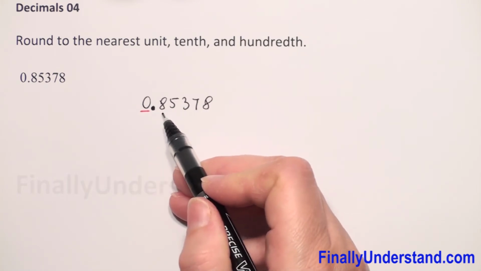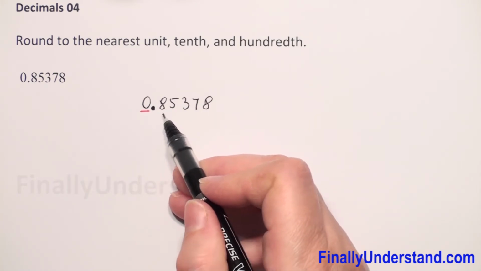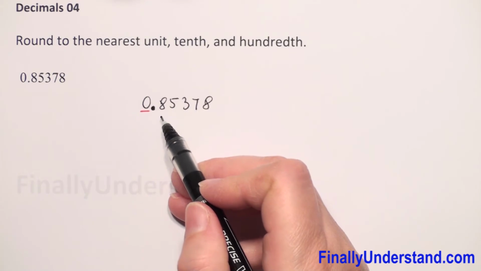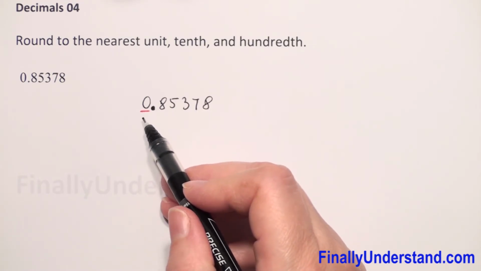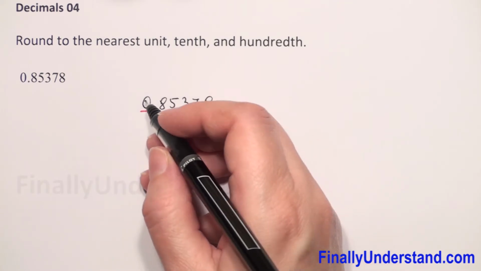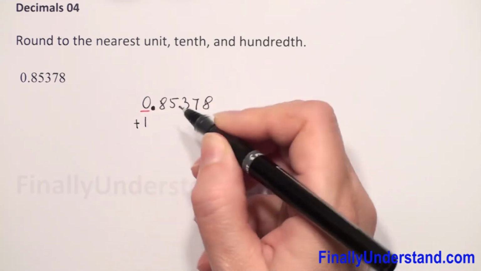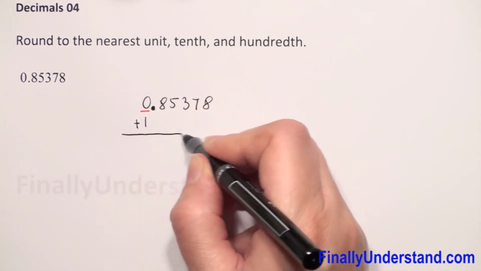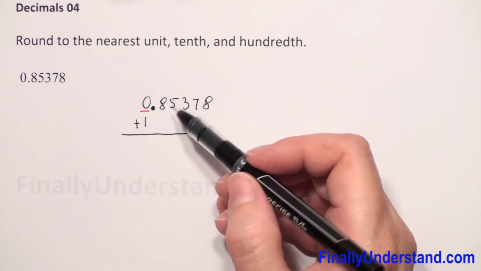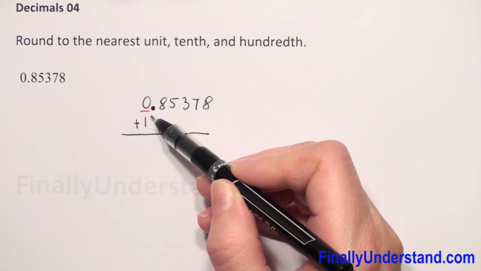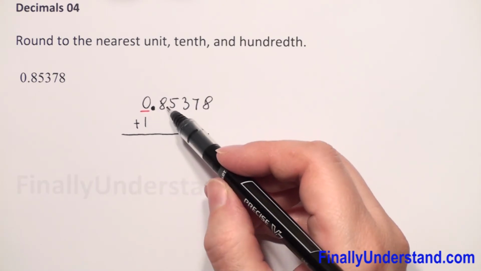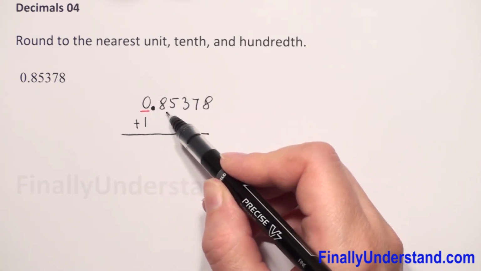So this is 8. When we have 5 or more, we need to increase our underlined digit by 1. So we have to add 1 to our underlined digit, and what else? Now every digit which is after our underlined digit will be 0.